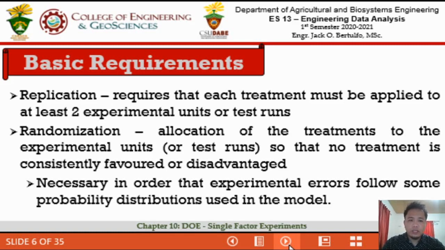So it is very important to eliminate bias, so that no treatment is favored in your experimental design. It is necessary in order that experimental error follows some probability distribution used in the model. The probability distribution was discussed by the previous instructors: most experiments must follow the normal distribution.